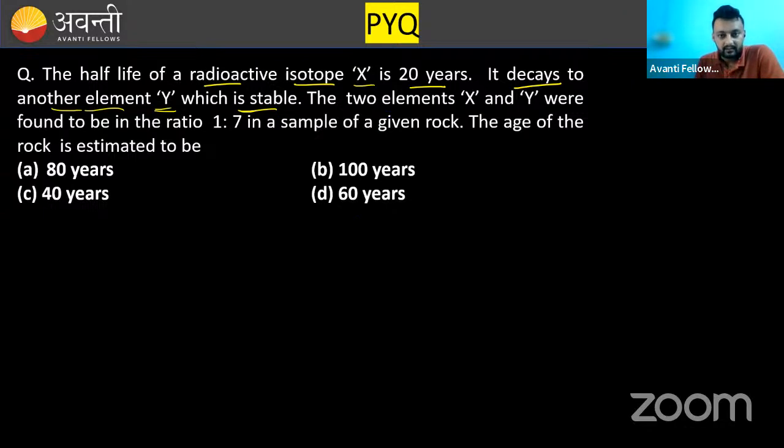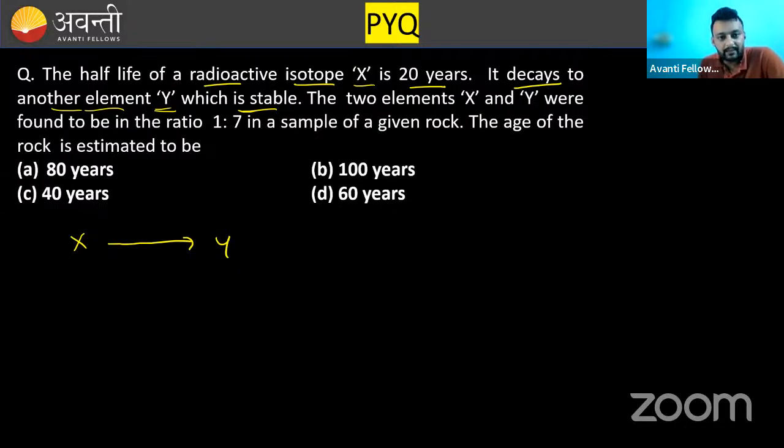Okay. So they are saying number of protons. Very good. There is an element X, and it decays into Y. Y is stable.